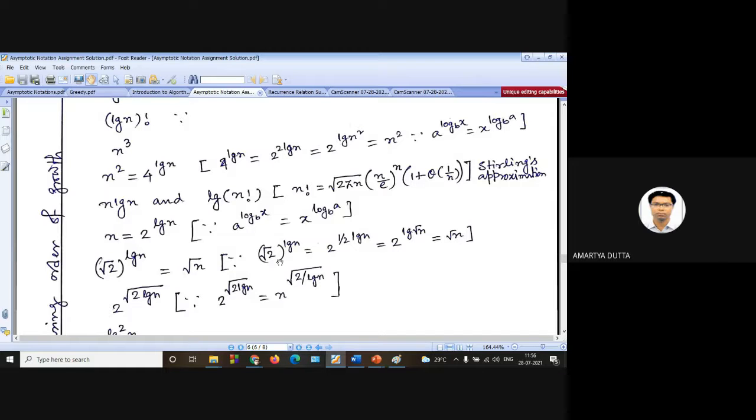Because we can write it as 2 to the power half log n, that is 2 to the power log root n, that is root n. Why does 2 to the power log root n equal root n? Do you have the answer? Any answer? Anyone?